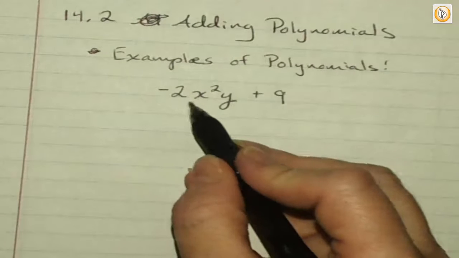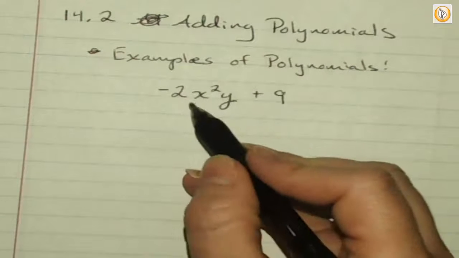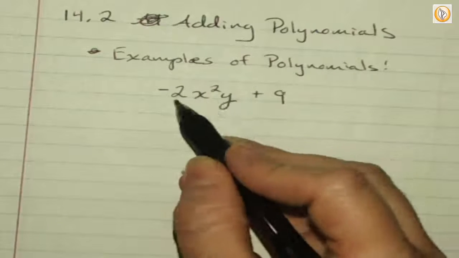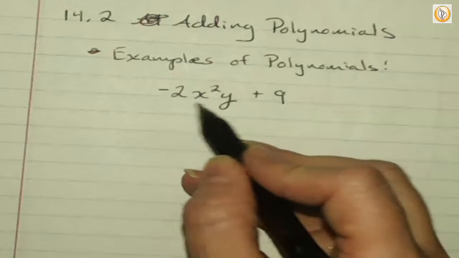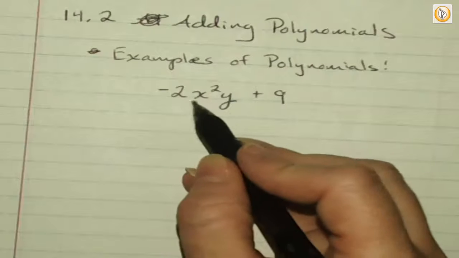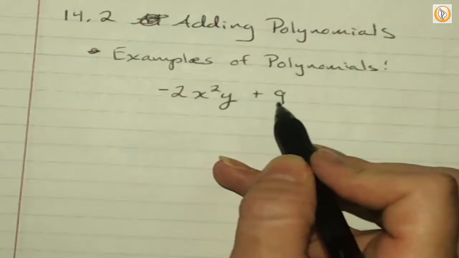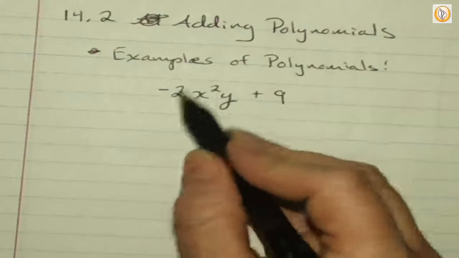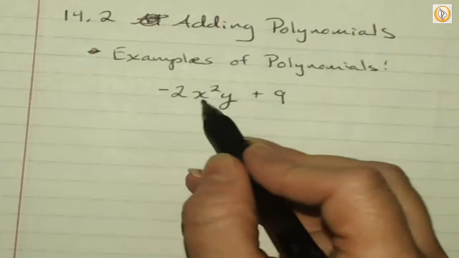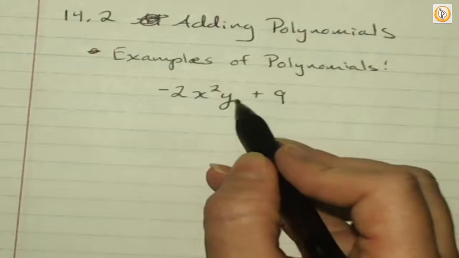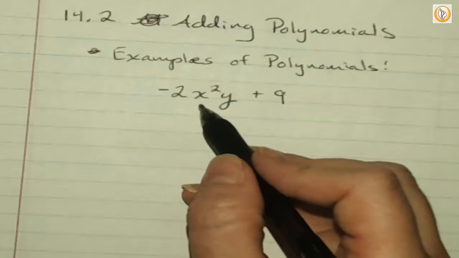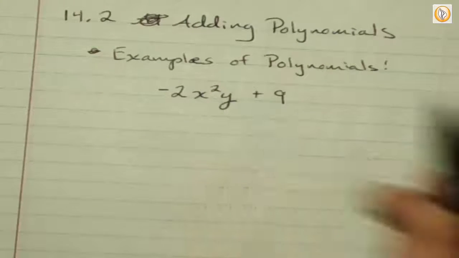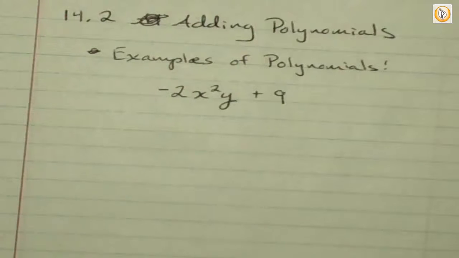There's numbers and letters. What operation is taking place with the negative 2, the x squared, and the y? Multiplication. That's right. They're all being multiplied, because they're all right next to each other. Where this 9 has a plus sign in front of it, so this is being multiplied and this one's being added. Okay? Now, these are two terms.